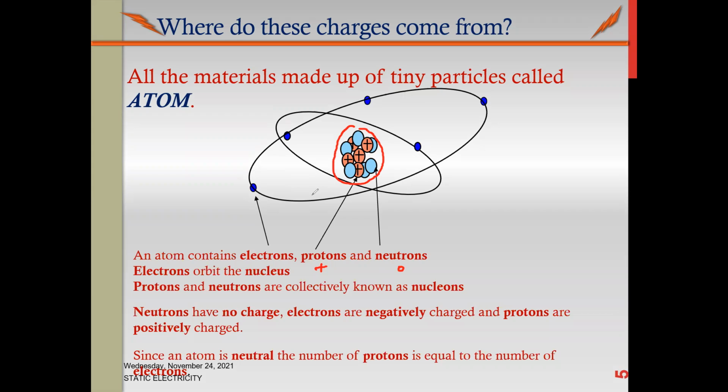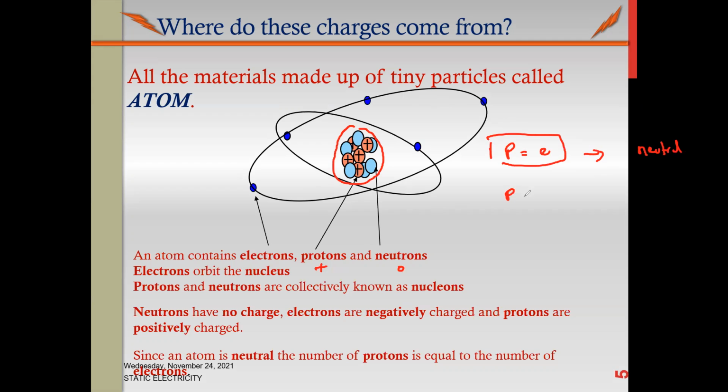So the origin of the charge is basically the atom, because an atom contains charged particles. If the number of protons is equal to the number of electrons, then the whole material will be neutral.